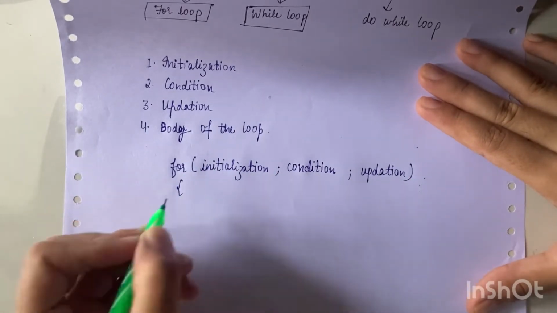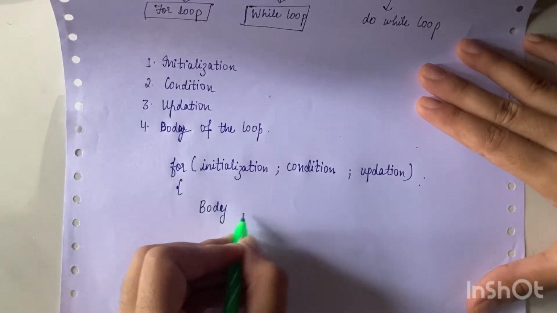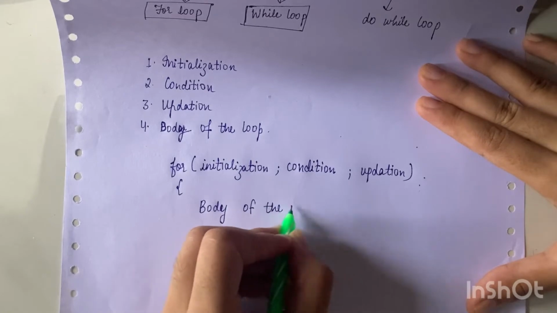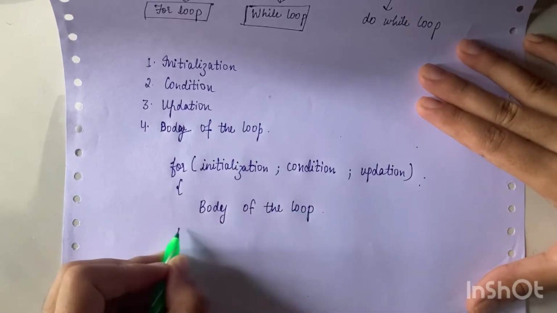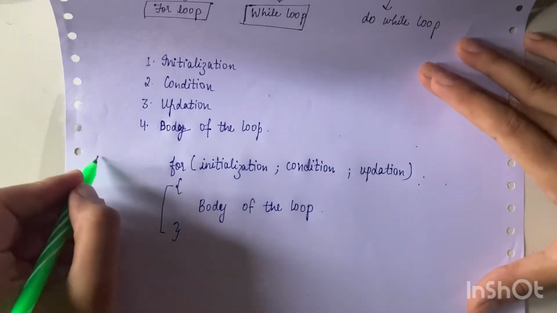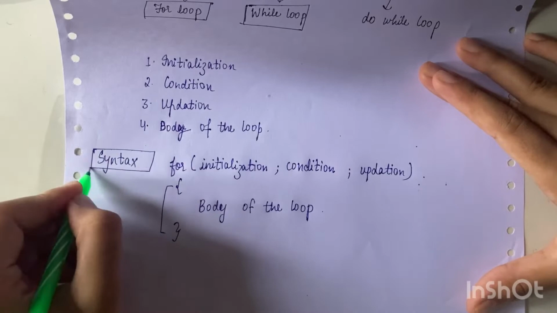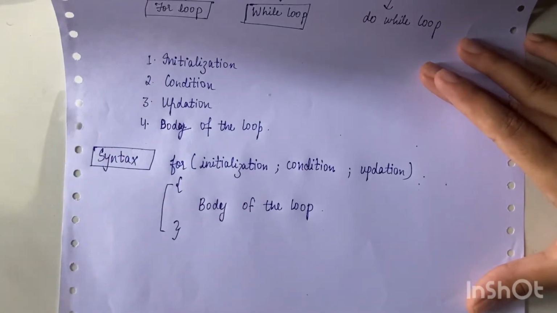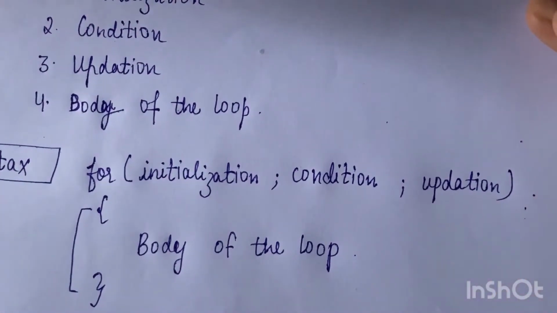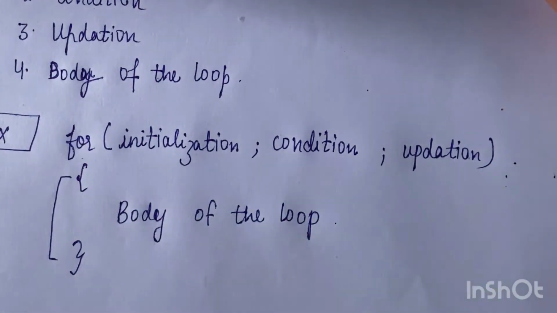Then we write the body of the loop. Here comes the body of the loop like this. So this is the syntax of a for loop. You can see initialization, condition, and updation.